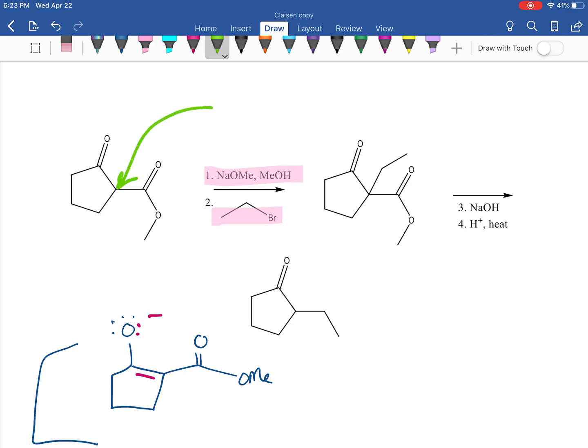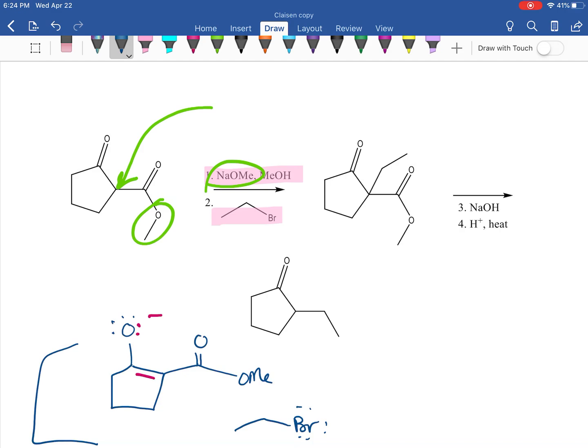Okay. How do you know where your enolate is going to form? Always between your oxygens. Your pKa is much lower here than anywhere else. So it doesn't matter what base you use. We are just matching our ester. But it doesn't matter what base you use. That's where you're going to deprotonate.